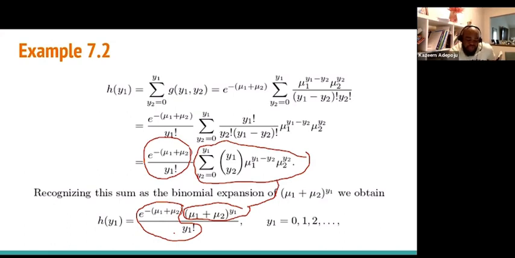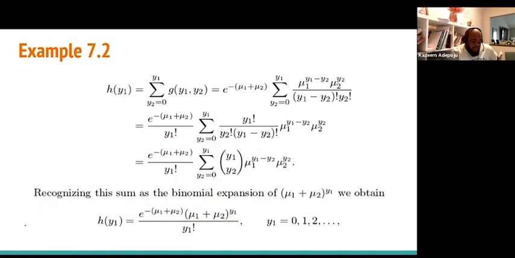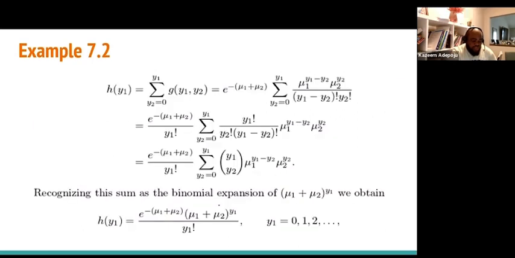So what is the takeaway? The takeaway is that if x1 is Poisson and x2 is Poisson, the sum of x1 and x2 is going to be Poisson with the sum of the means, mu1 plus mu2. That is what you're seeing here.